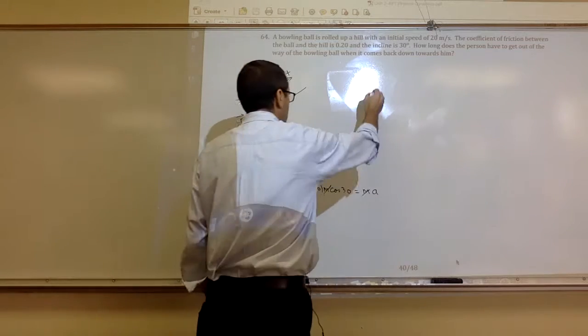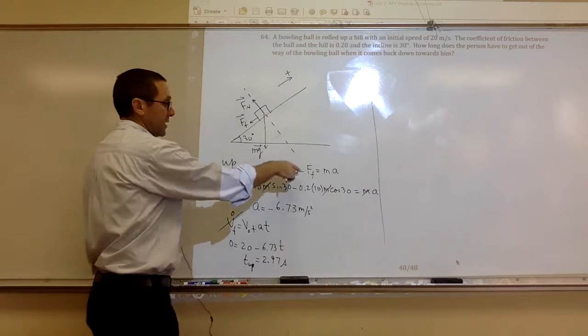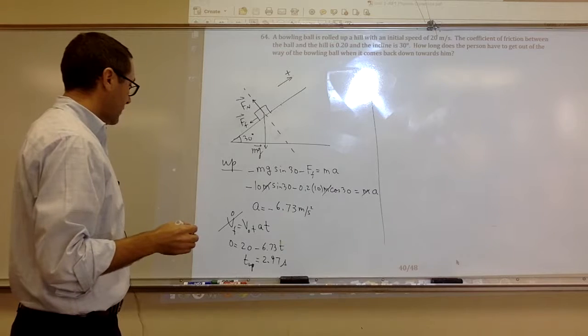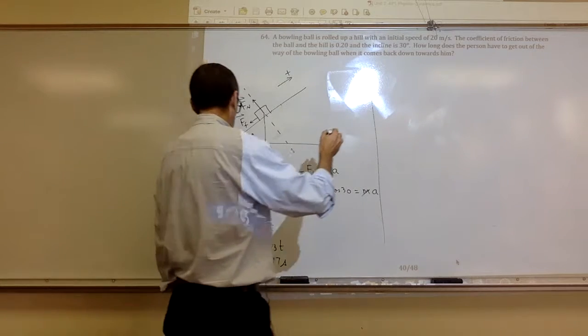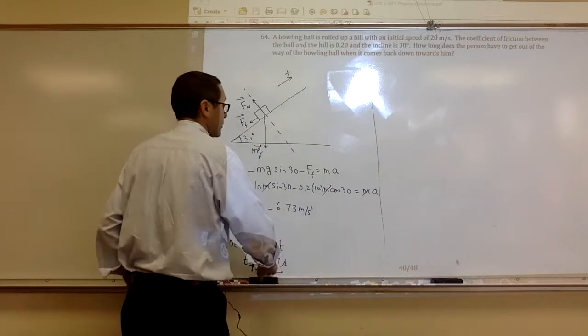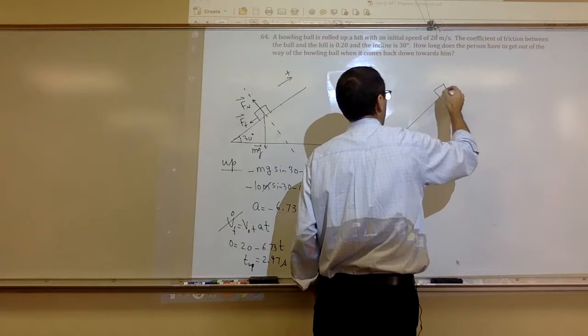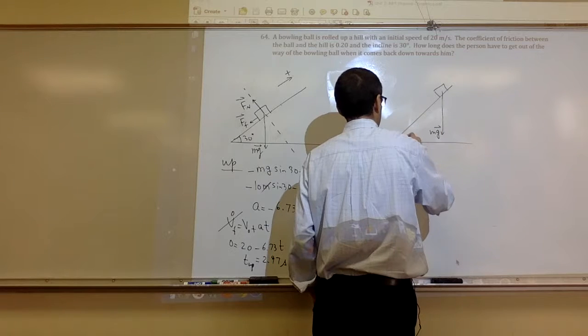Now let's see if we're going to get an expression similar to this, F net equals ma, coming down the ramp, and if the time is actually going to be 2.97, or is it going to be more or less? Now, coming down the ramp, I'll draw another one here. You still have your mg acting down. It's 30 degrees.